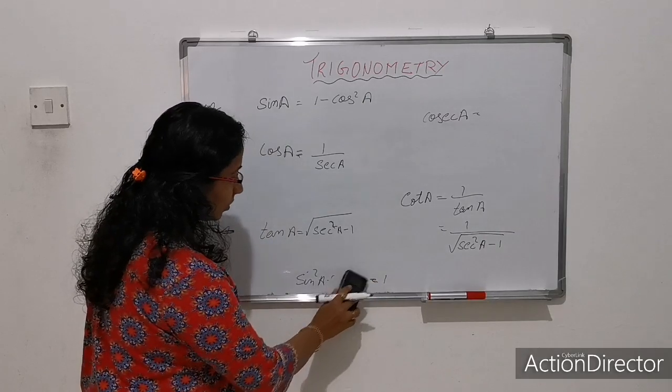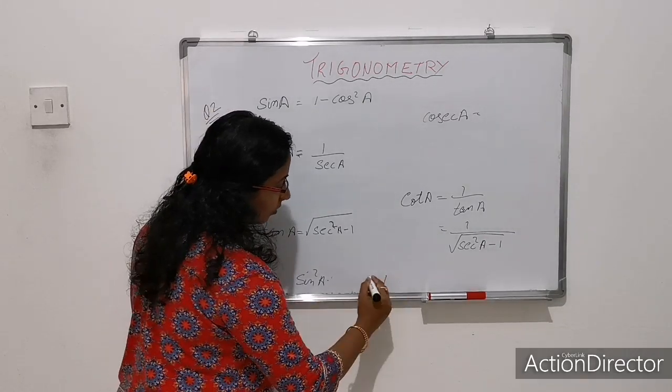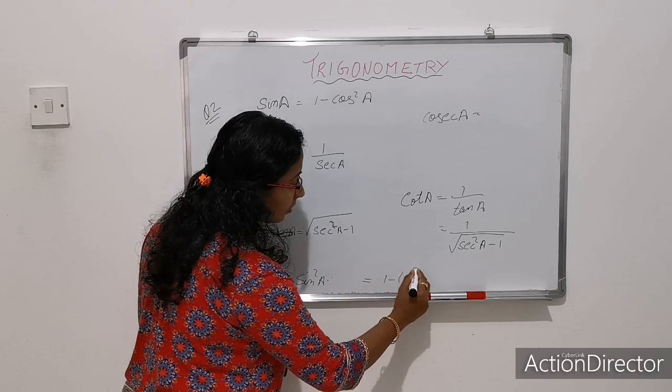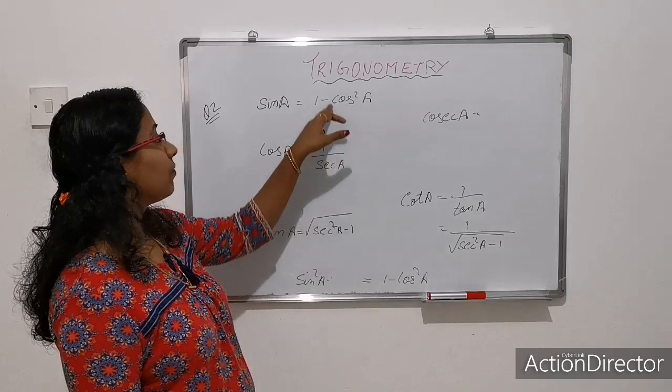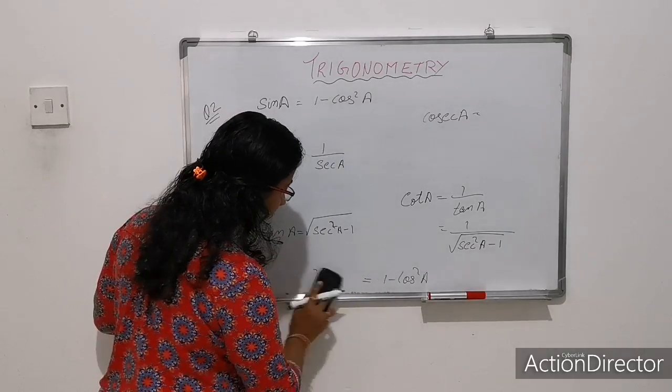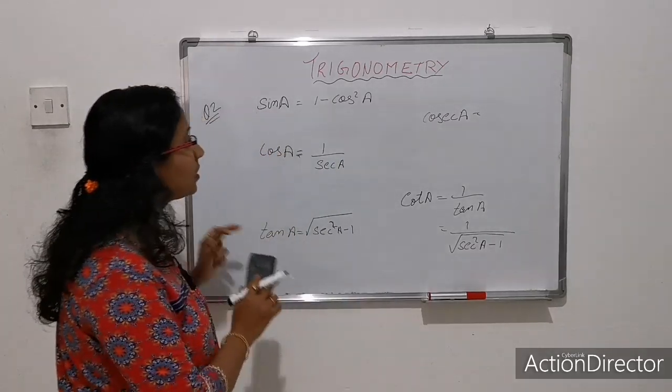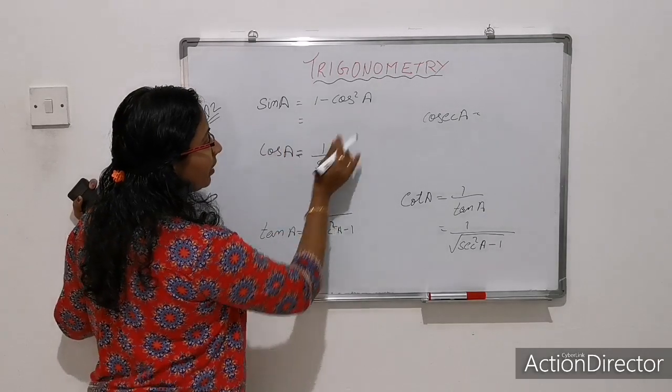Right? So sin square A is equal to 1 minus cos square A. This formula we have to apply over here. So this becomes sin A equal to root of 1 minus cos square A.